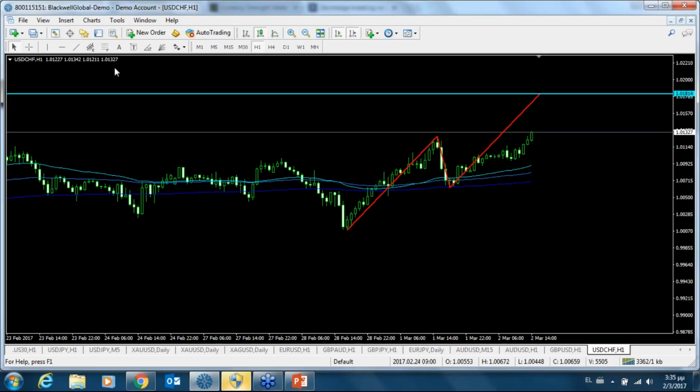The price that you are given based on AB equals CD is 1.0181. The last two digits of that price, based on 4 decimals, is 81. 81 is very close to the 80 number. And if it gives you that number, you need to take profit or exit 10 pips below the 80. So 1.0170 would be your ideal take profit zone.